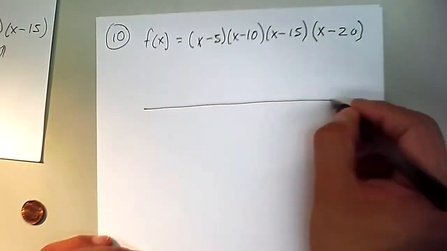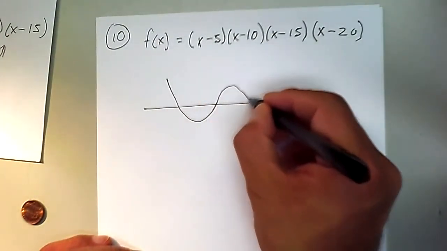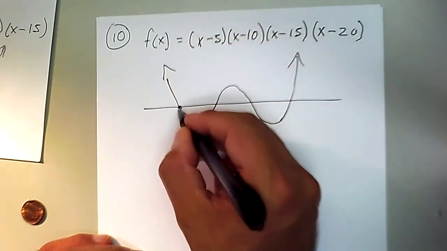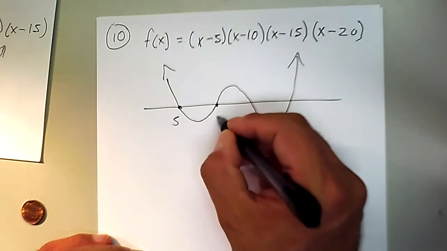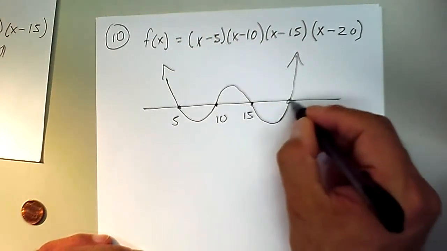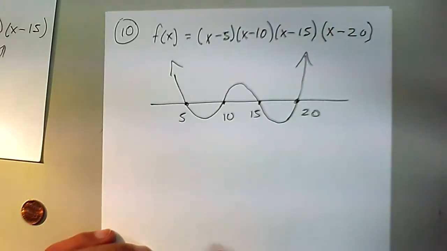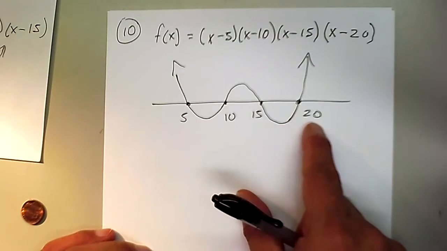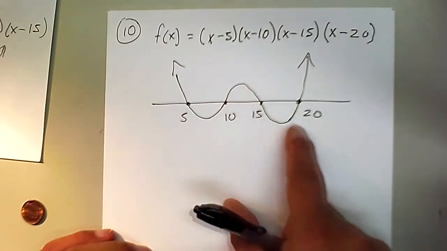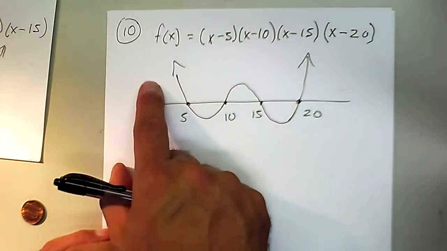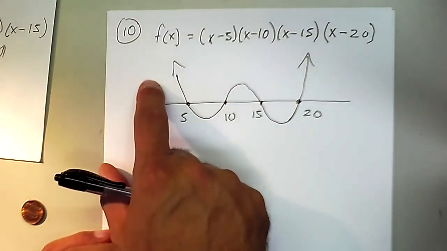The graph is going to go through 5, 10, 15, 20. Okay, so we have 4 zeros. We go through the x-axis. The end behavior on the right is up. The behavior on the left is up as well.